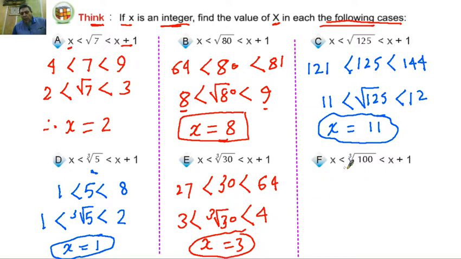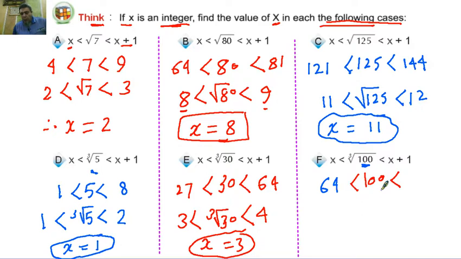Number F, with the same steps. 100 is greater than a perfect cube and less than a perfect cube. The perfect cube less than 100 is 64.